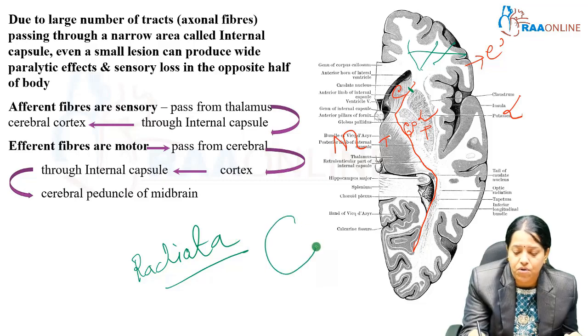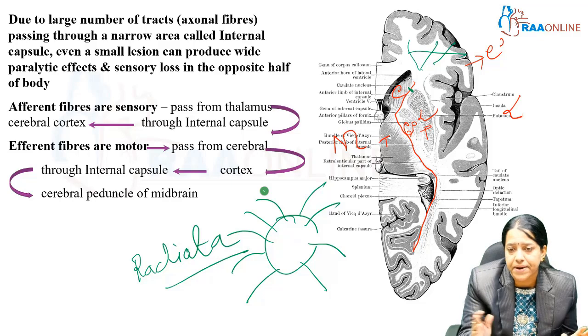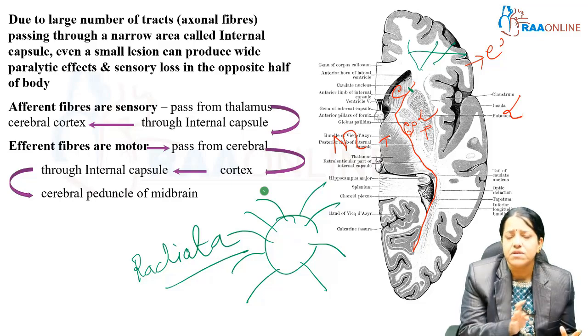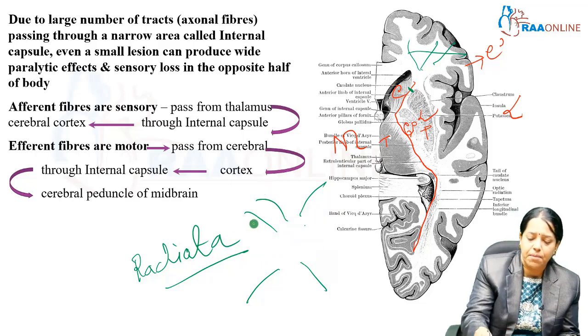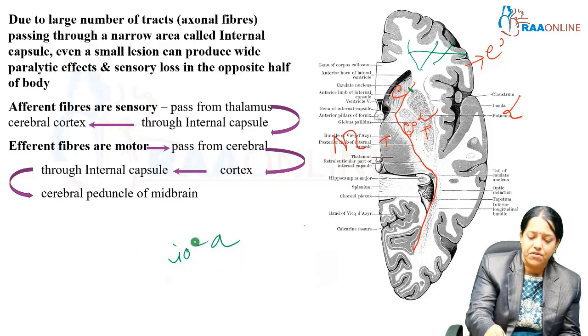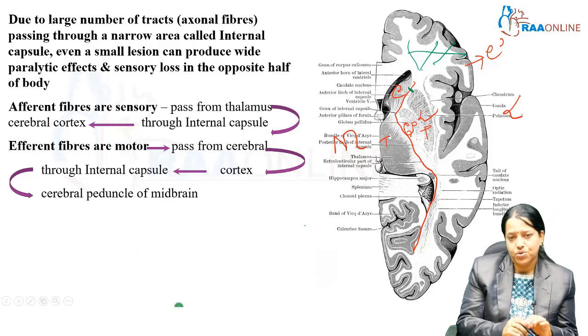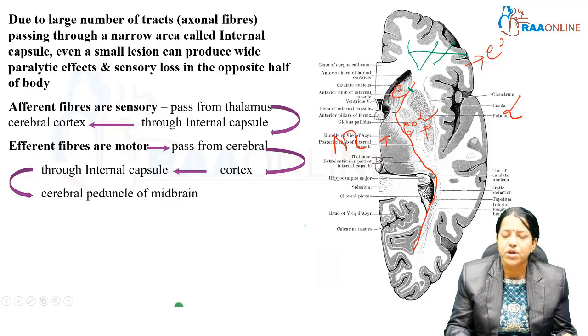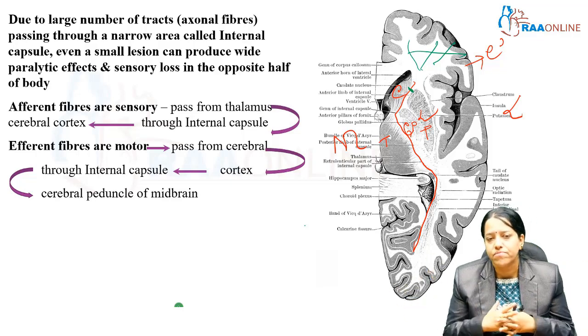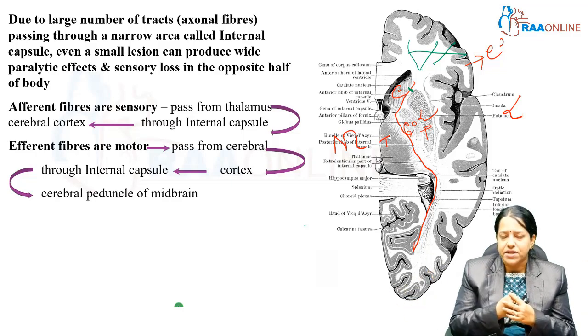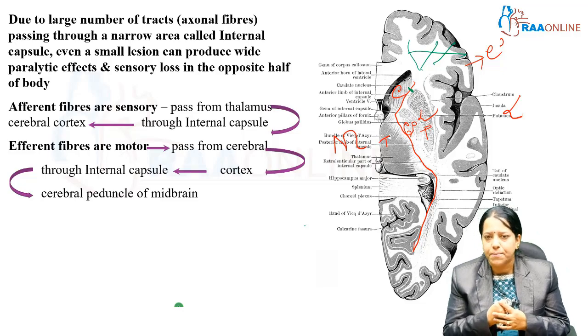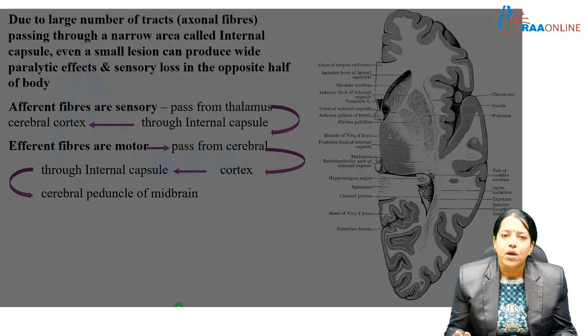So the fibers are like a sun spreading out into the cerebral cortex, or they also start from there and become very compact in the inferior medial aspect of the cerebrum, and they continue down.